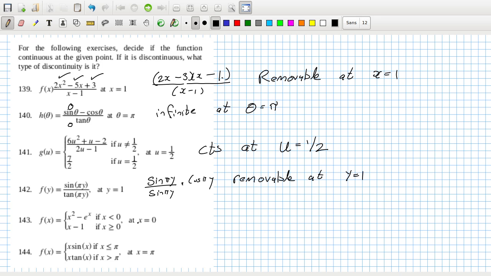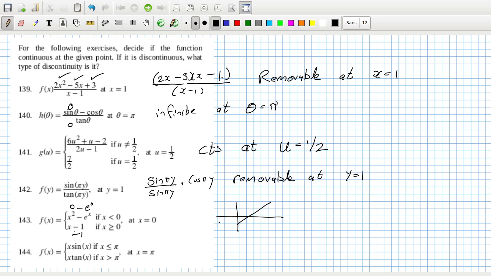Okay, interesting. So at 0, as you approach 0 from the right, this is approaching -1. And then as you approach 0 from the left, this is approaching 0 minus e power 0.